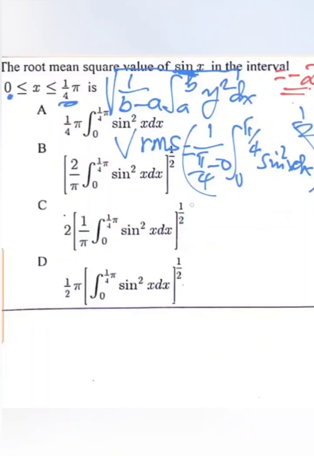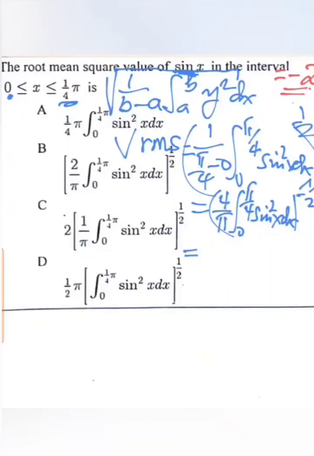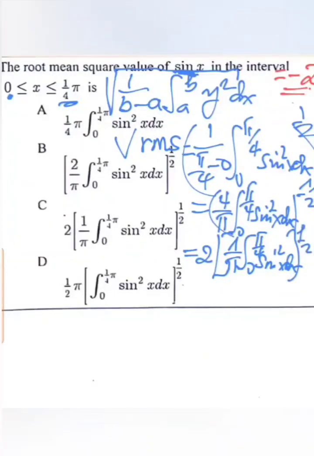And from here, we have the reciprocal of pi over 4, which gives 4 all over pi, integral from 0 to pi over 4, sine squared x dx, all that to the power half. And when you take the square root of 4 at the numerator, you get 2 into 1 all over pi, integral from 0 to pi over 4 of sine squared x dx, all that to the power half. And this corresponds to option C.